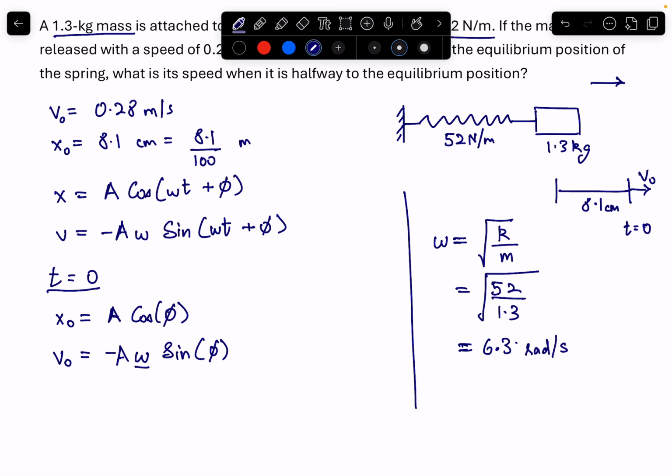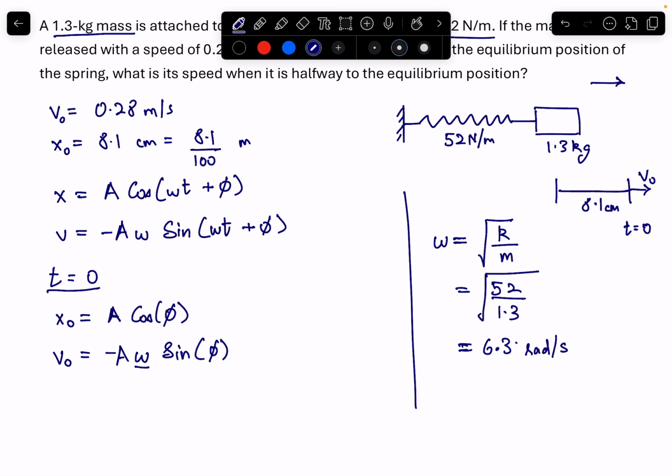The second equation is v naught is equal to negative A omega sine phi, so 0.28 is equal to, I know that A is now this particular expression, so I'll substitute it here.